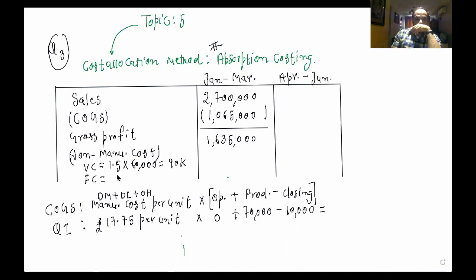Okay, so fixed cost is now 20,000. 20,000 means 80,000 for 3 months. So total non-manufacturing cost is 110,000. So how much is your net profit? Now tell me.